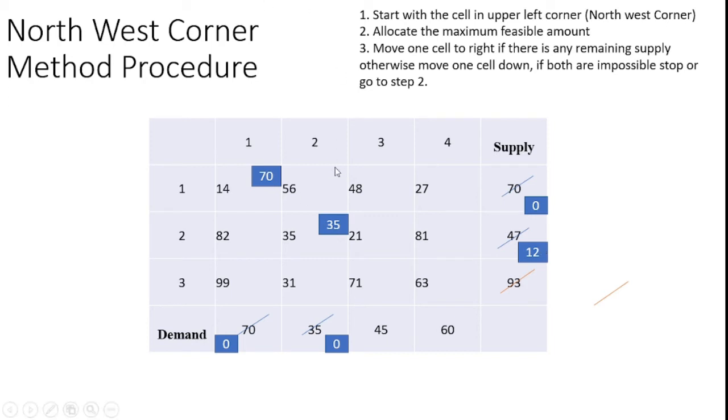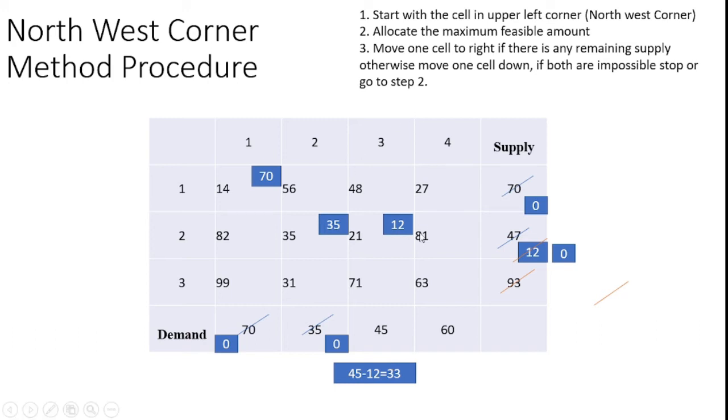After that, I move one cell to the right, because the supply is available in that row, so I introduce the balance 12 in the respective cell. Here I allocate the 12 in the third column, and the 12 supply gets to 0. After that I subtract this 12 from the total demand of the third distribution center, so 45 minus 12 gives 33.